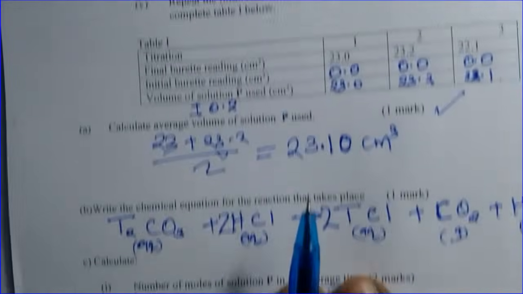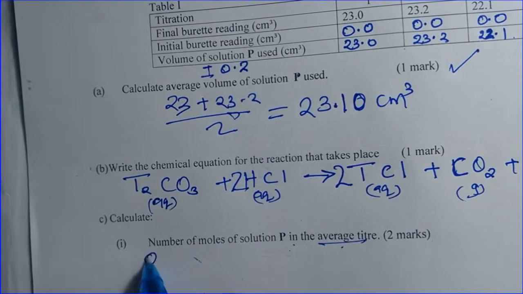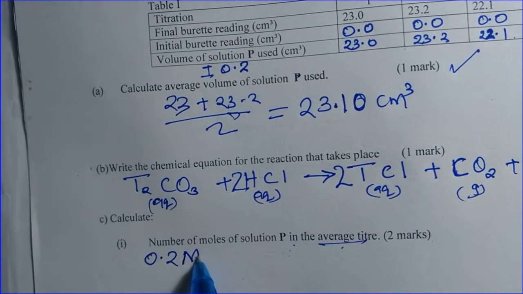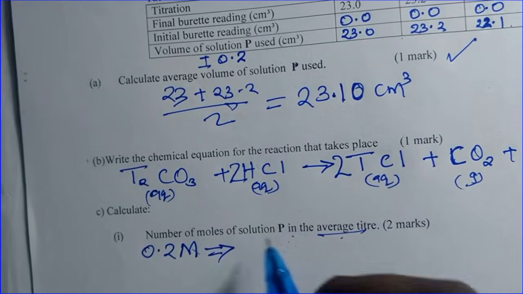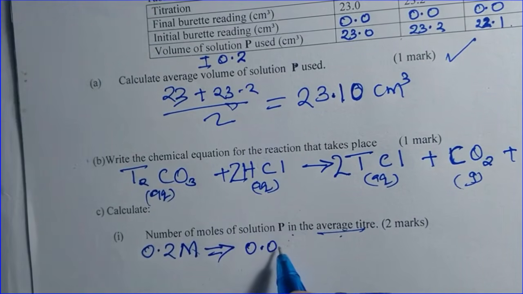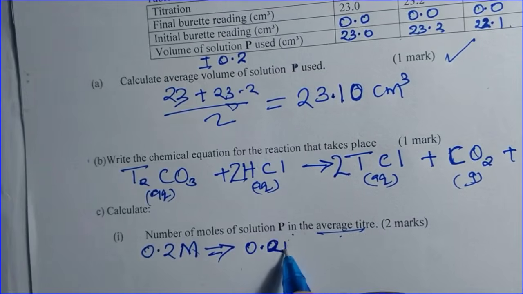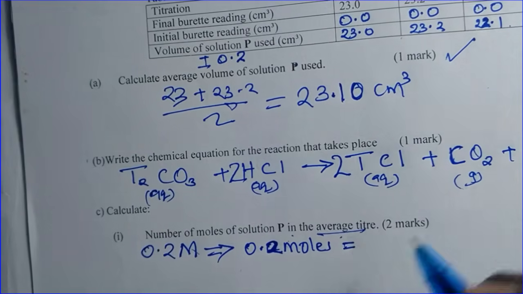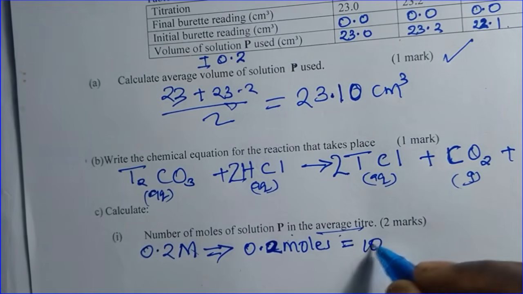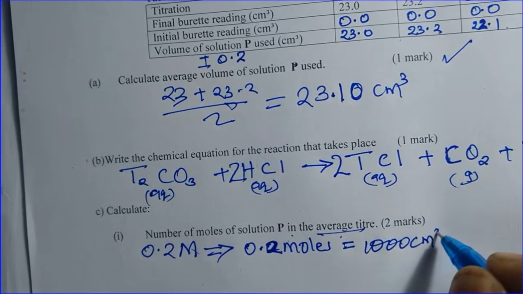So 0.2 is the number of moles in 1,000 centimeters cube of solution P.